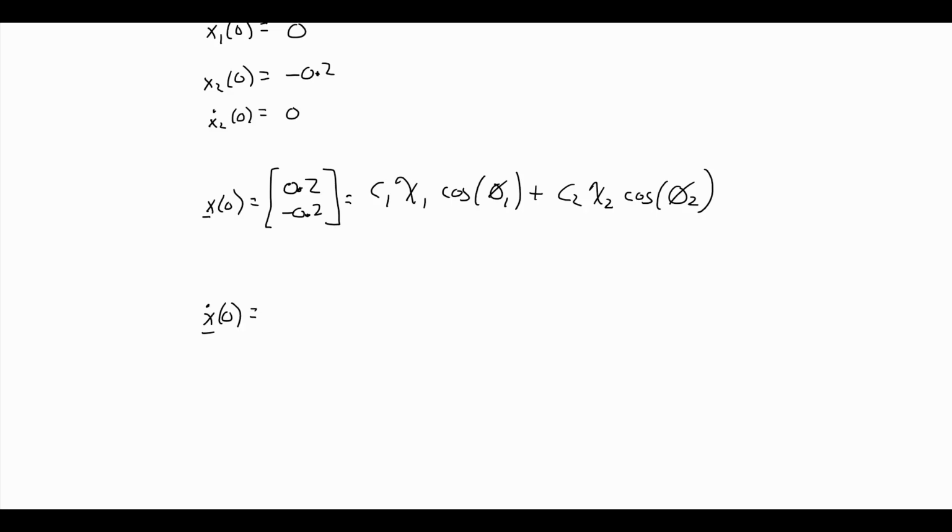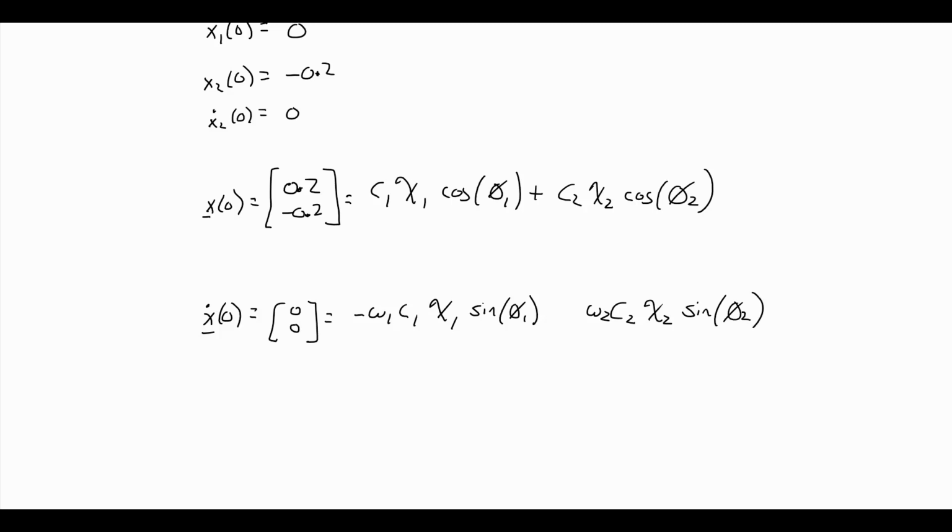And then our x dot of 0 is the 0 vector because it's initially 0. And that will be negative omega 1 c1 chi1 sine of phi1 plus negative omega 2 c2 chi2 sine of phi2.